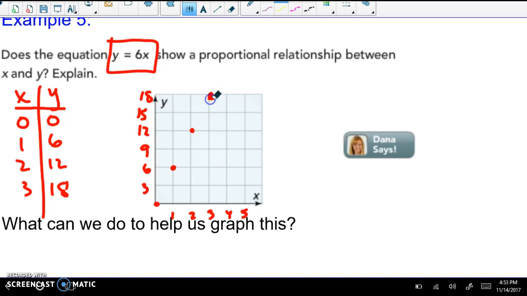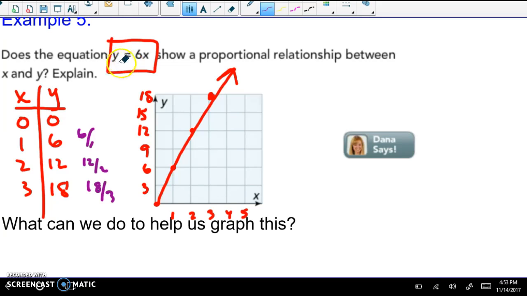So as I look at this, I can see from my graph that this is a proportional relationship because it graphs a straight line and it passes through the origin. I can see that in my table, I have a 6-to-1 ratio each time. These all reduce to 6-to-1.